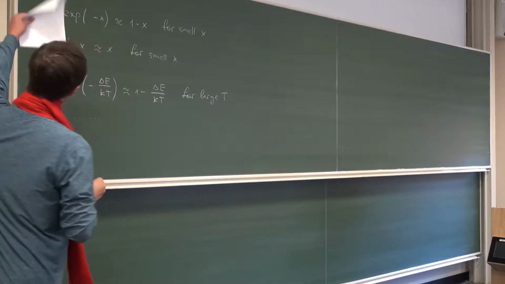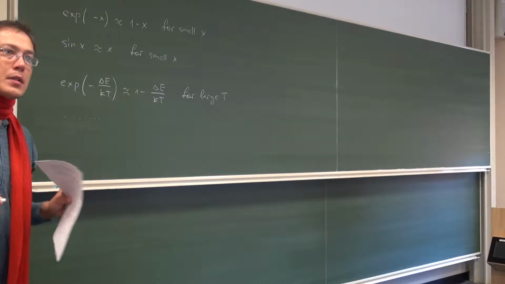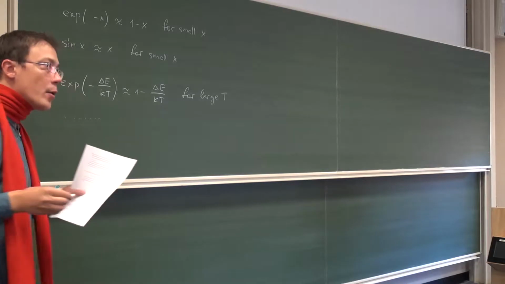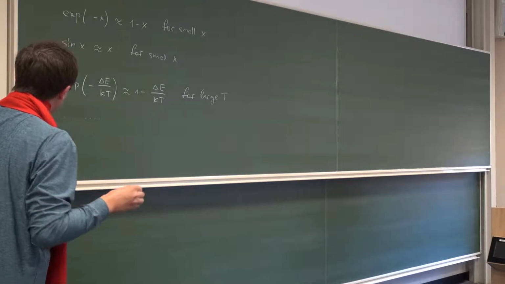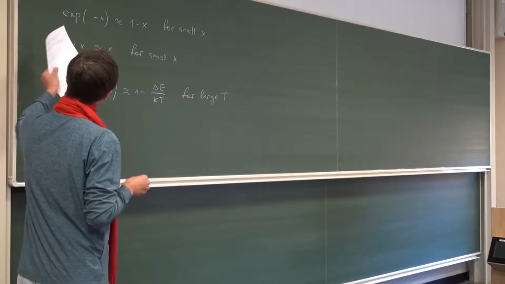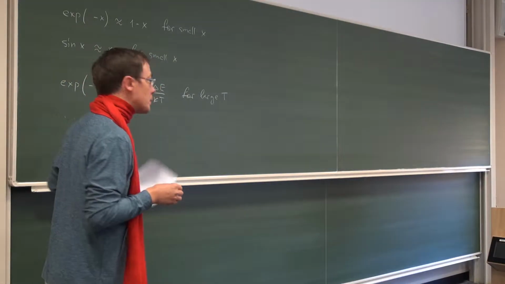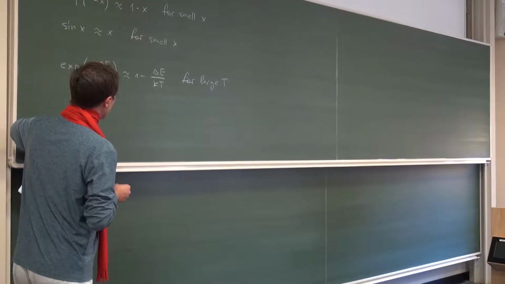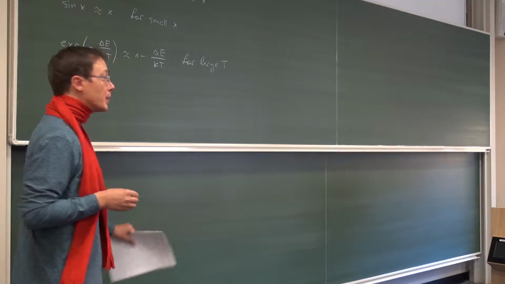We do have a great number of expressions that you must have glimpsed through your various textbooks that imply that something is approximately equal to something else if a certain parameter is big or small.